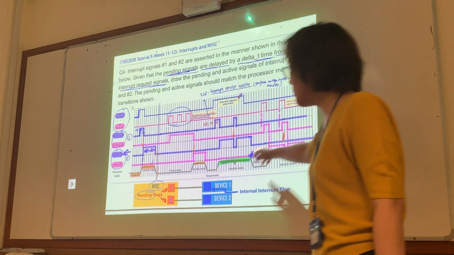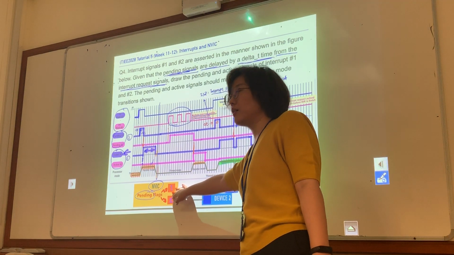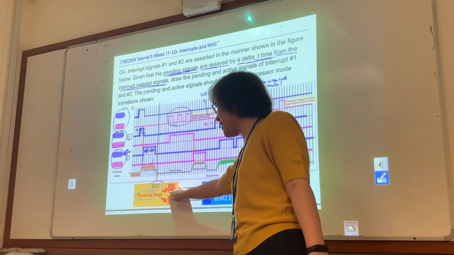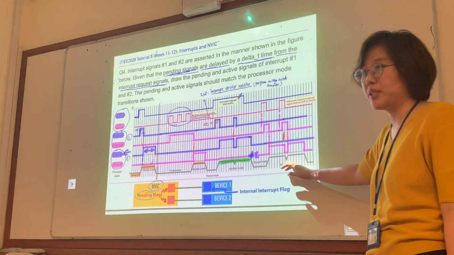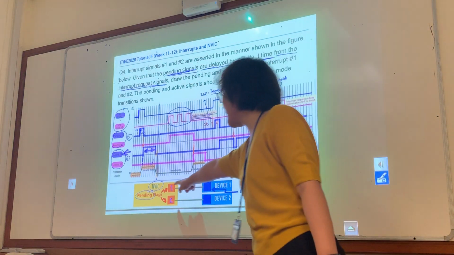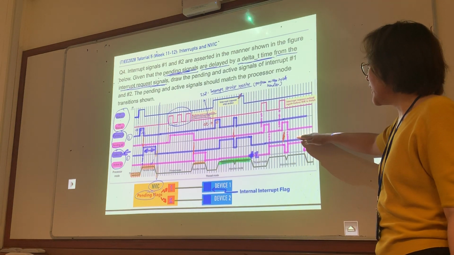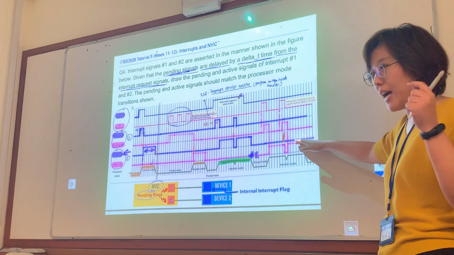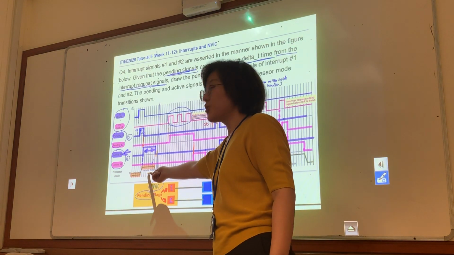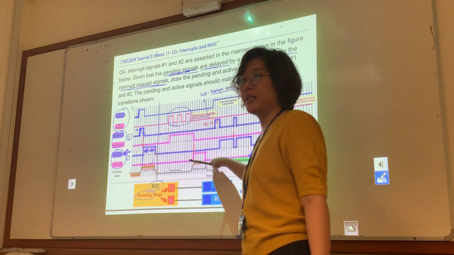Pending signal means there are pending flags inside your NVIC, to inform your processor that there's an interrupt that it needs to handle. So it's an indication. And active signal is to inform your processor at which moment exactly you need to handle the interrupt. So you can draw the active signal directly from the processor mode.